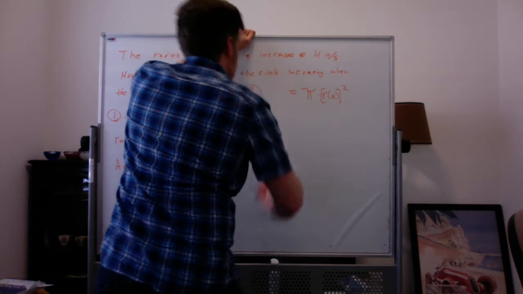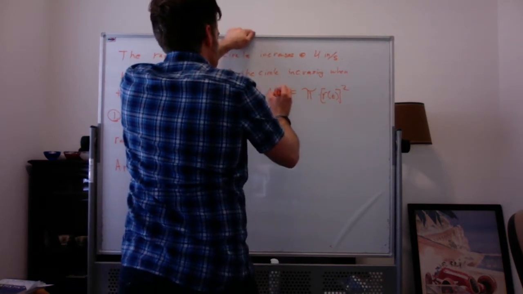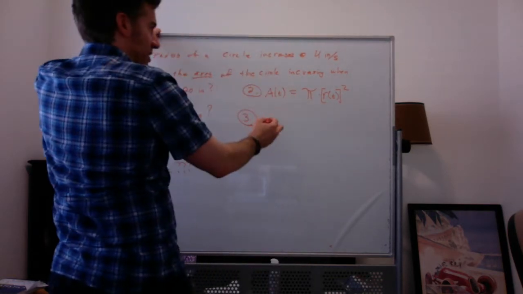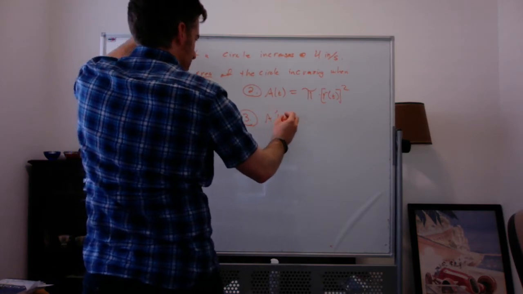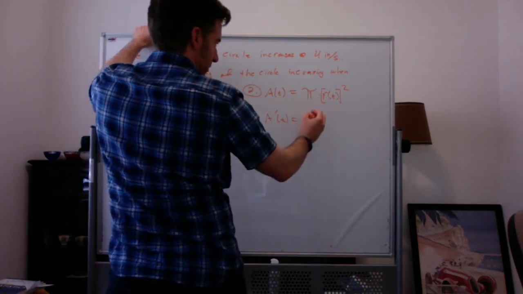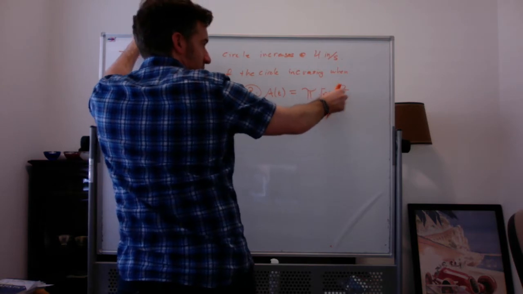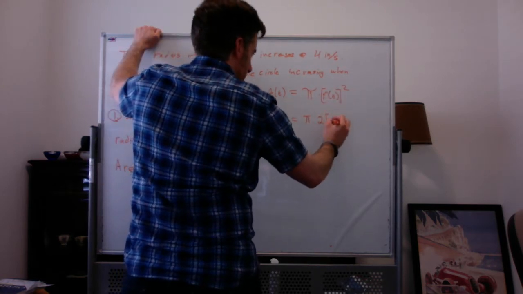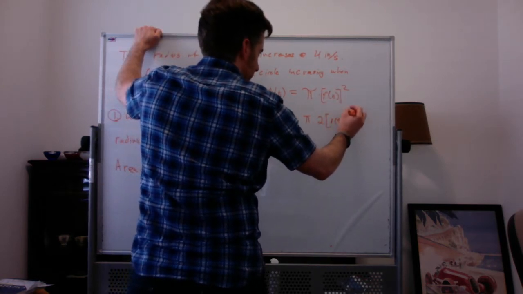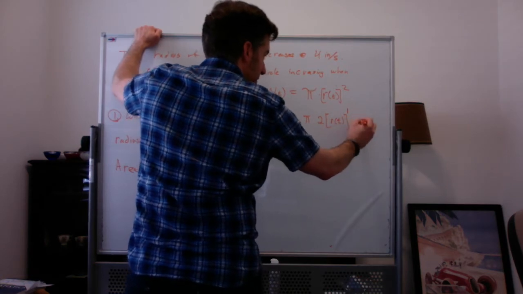And so when we differentiate that, we're going to have to use the chain rule. And so the derivative of A of t is A prime of t. Pi times some stuff, the derivative is pi times the derivative of r of t squared, which is 2 times r of t to the first times the derivative of the stuff. Now usually we don't write it like this.